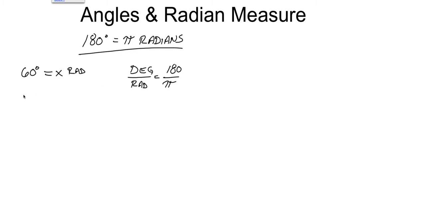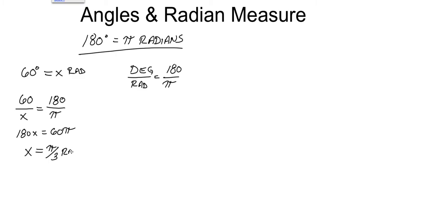So for this one, it's going to be 60 degrees over x radians is equal to 180 degrees over pi radians. And as we cross multiply, we're going to get 180x equals 60 pi.